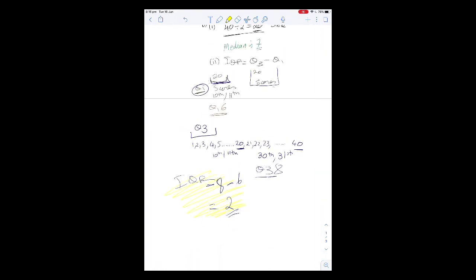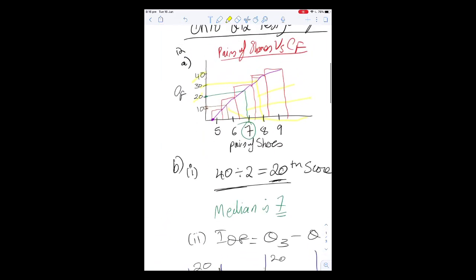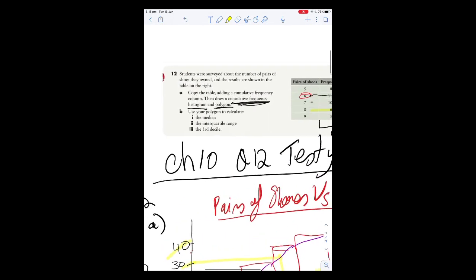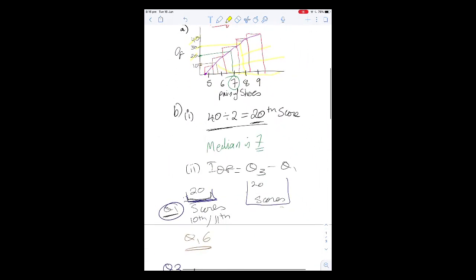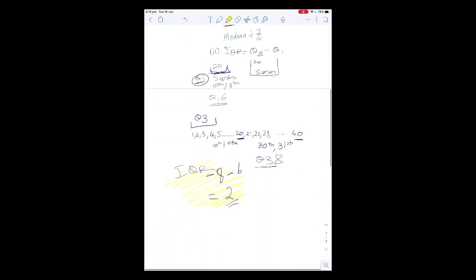Okay, there it is. All right, let's do the next one, the last bit, which is the third decile. Now, data is divided into how many parts when it says deciles? What does that actually mean?